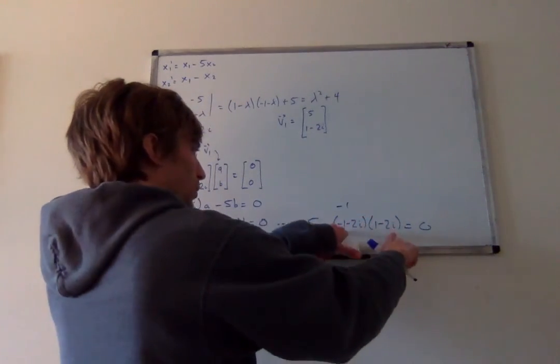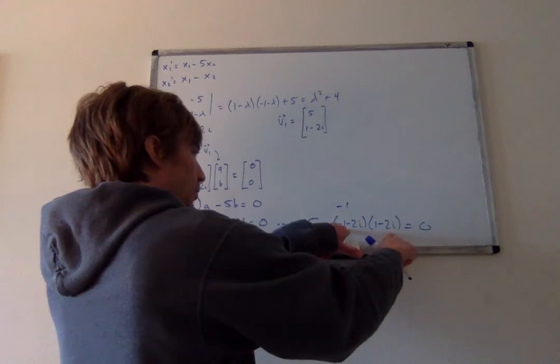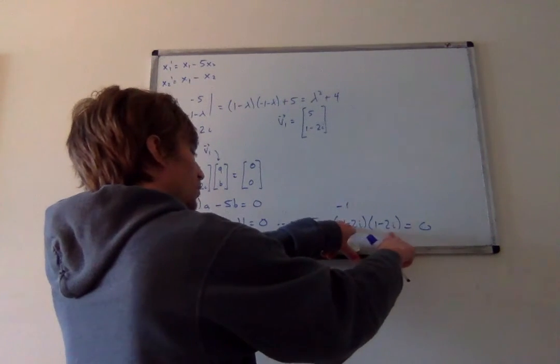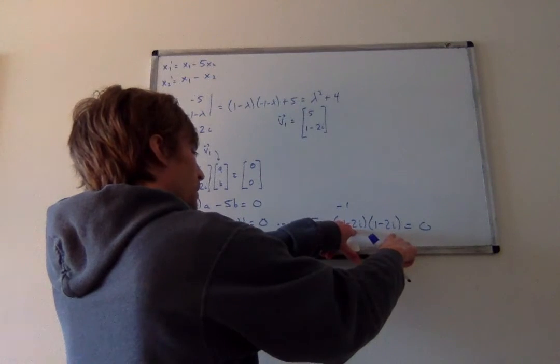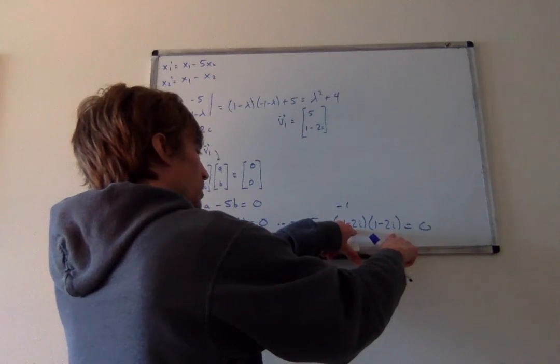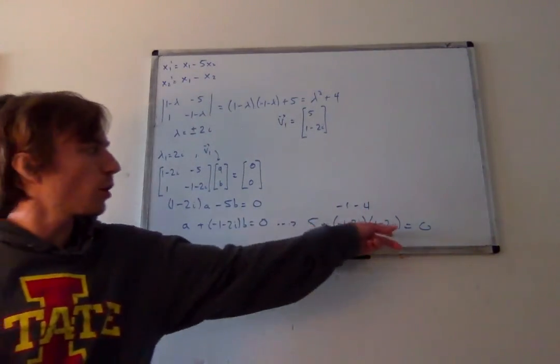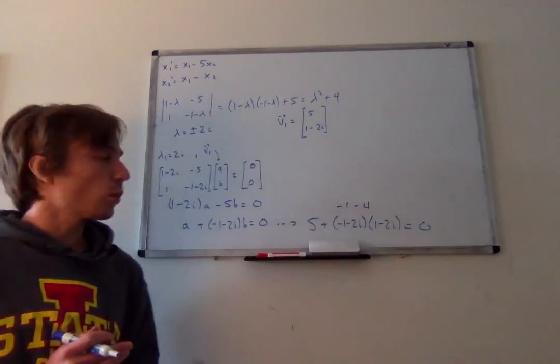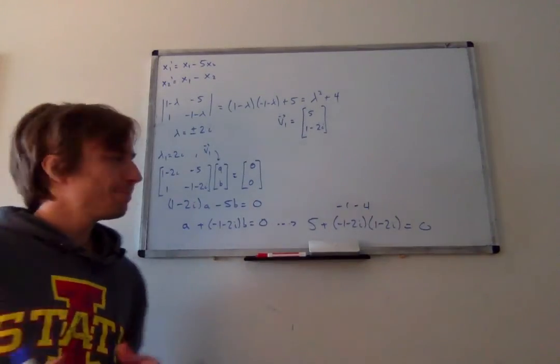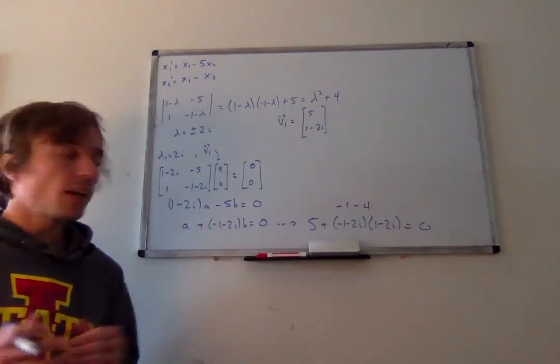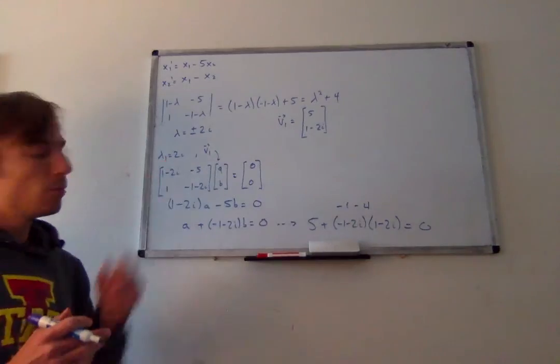Notice the middle terms, so -1 times -2i, plus 1 times -2i cancel. So we're just left with minus 2i squared, which is equal to 4 times i squared, which is -4. And so notice this product actually does work out to -5, so we're all good there. So this is a valid eigenvector for the eigenvalue 2i.